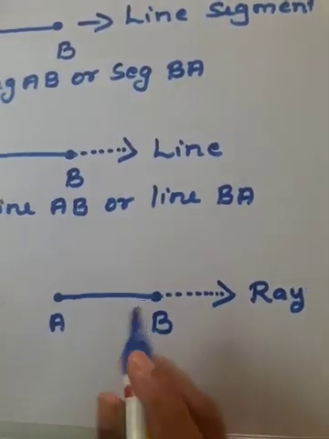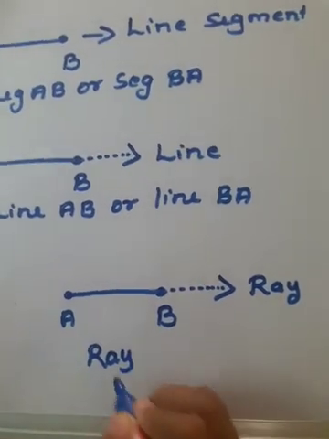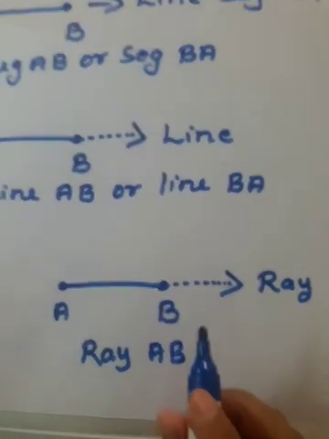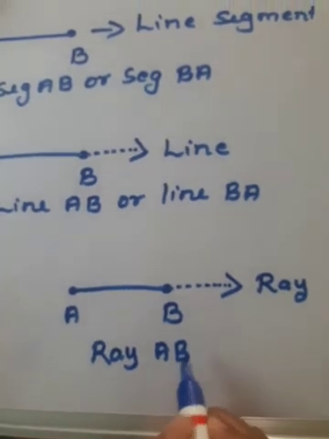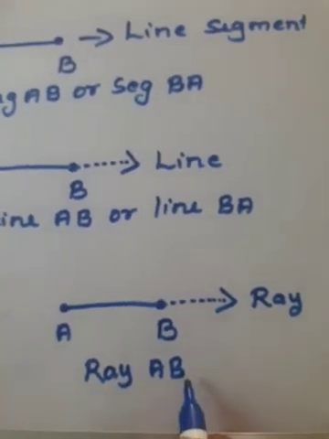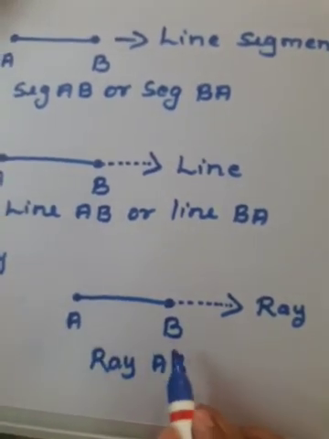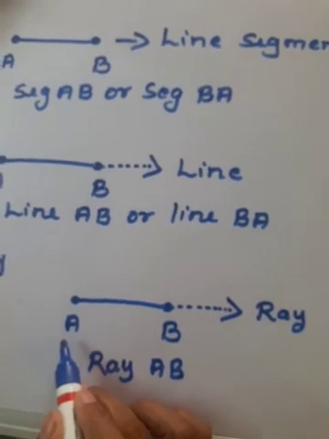This ray is named as ray AB. So how to name this ray? It is named as ray AB. The ray AB is not read as ray BA. So we cannot name this ray as ray BA. Why?